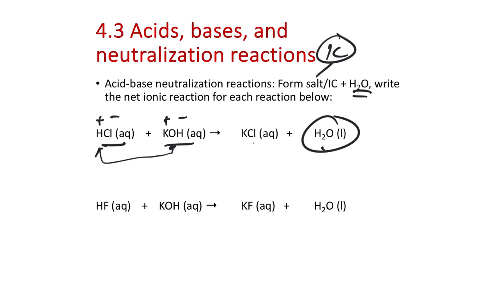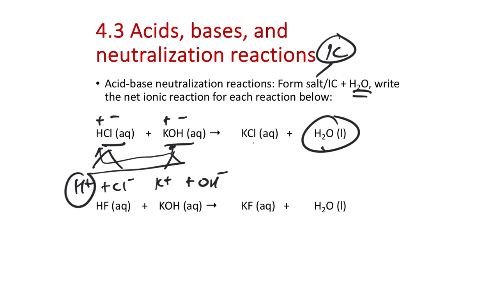Think about what goes on here in solution from an atomic perspective. We have H+ and chloride ions. We have K+ and hydroxide ion in solution. These two ions bump into each other and they form water. Water is a non-electrolyte. Water forms and it doesn't break apart. It stays intact as water liquid.